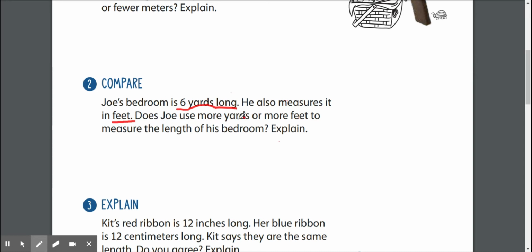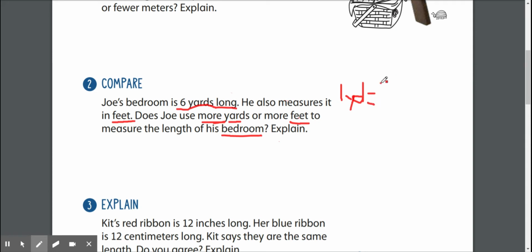Does Joe use more yards? They want to know more. Does he use more yards or more feet to measure the length of his bedroom? So let's think. We have yards. So 1 yard. Do you remember what 1 yard is equal to? 1 yard is equal to how many feet?